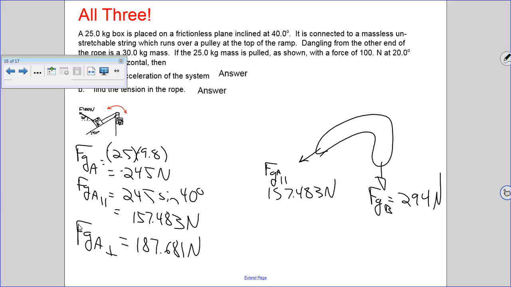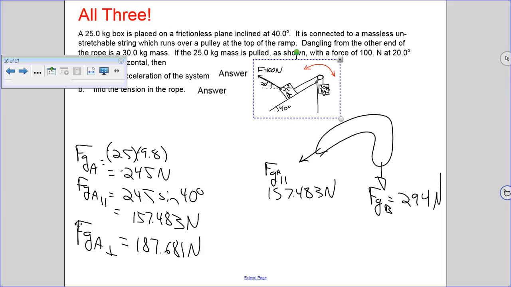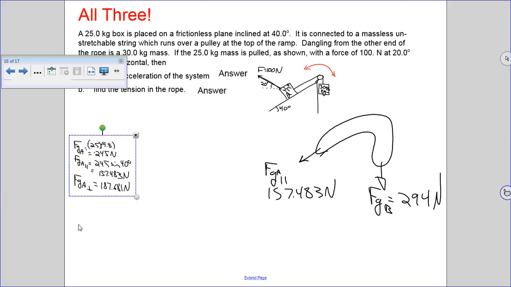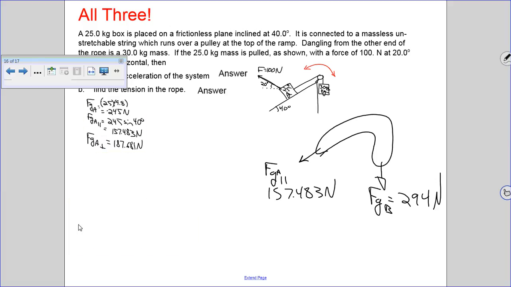Now we've got to deal with this other thing. We've got this 100 newtons, sorry, I said 20. It's 20 degrees. So here's our box.